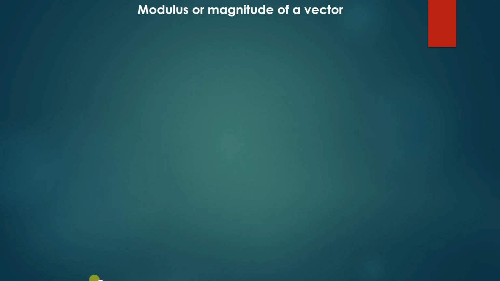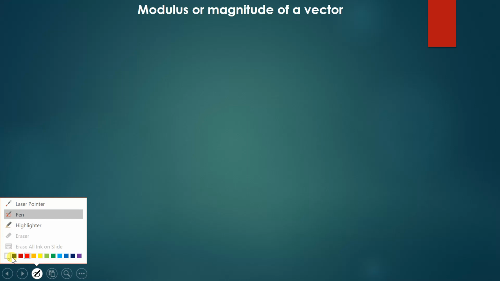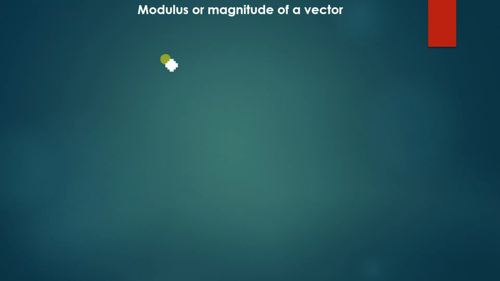Alright, so let's quickly begin to learn how to calculate the magnitude or the modulus of a vector. The modulus of a vector is simply its size, the size of the vector in short.